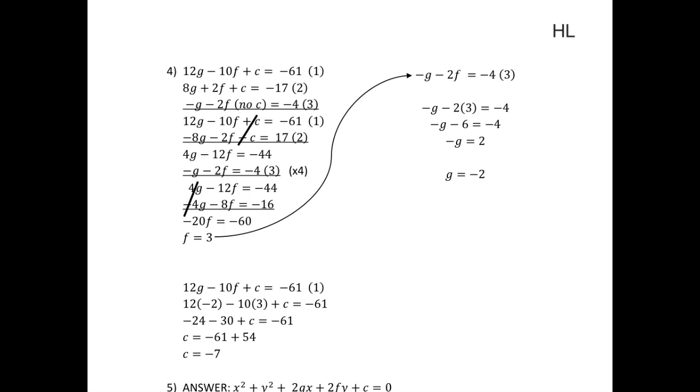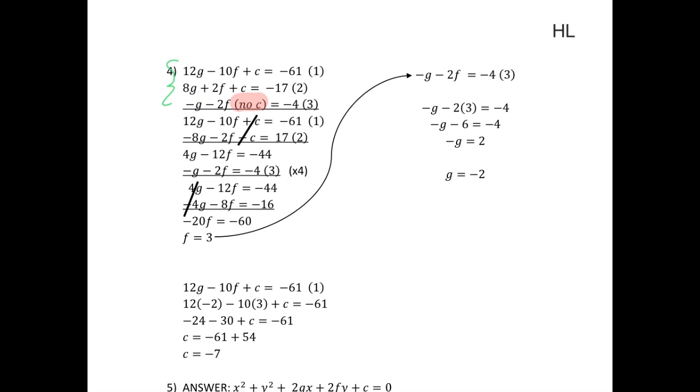So now I've just grouped my equations together here. I had my equations 1, 2, and 3 from the previous slide. Our next step is to solve these simultaneously. We notice again that our third equation has no c component. So if we get rid of the c up here, we can use our simultaneous equations to find g and f.